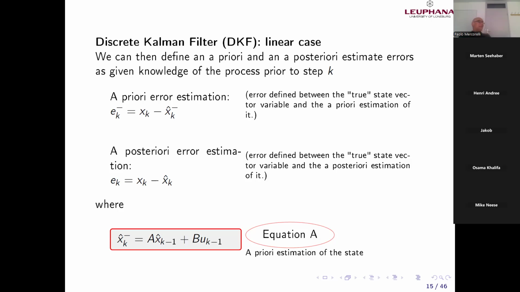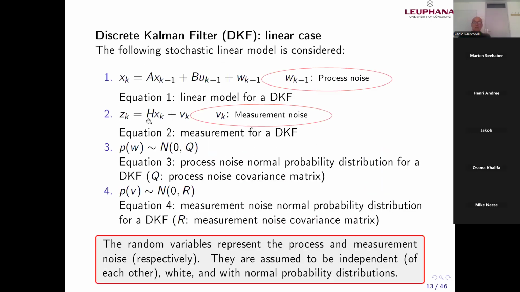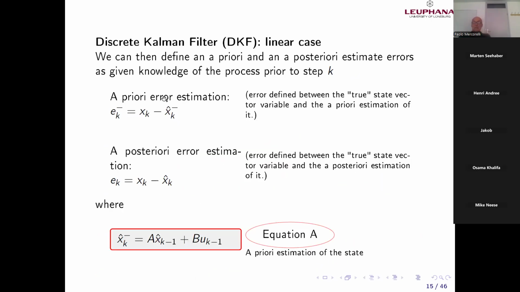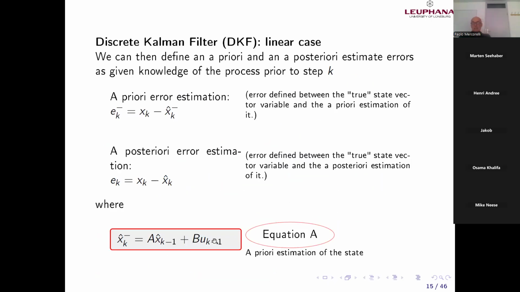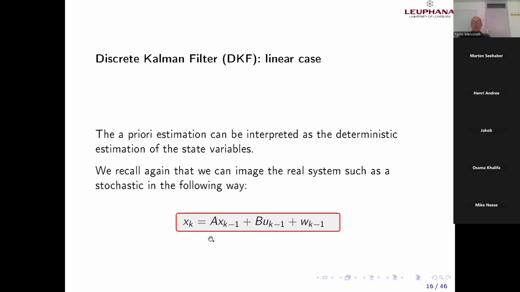If you try to do the calculation, I plug in here x_k, which is here. I plug in x hat k minus, which is here, basically the deterministic part. Again, x_k is this one.